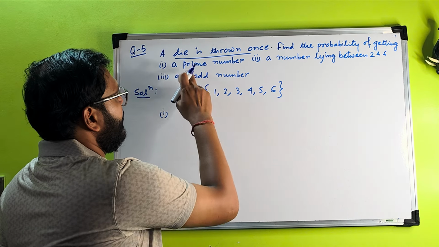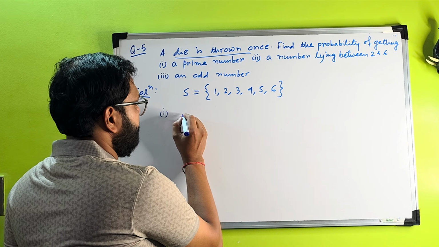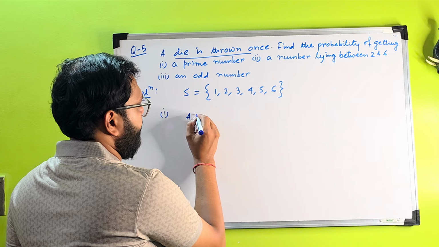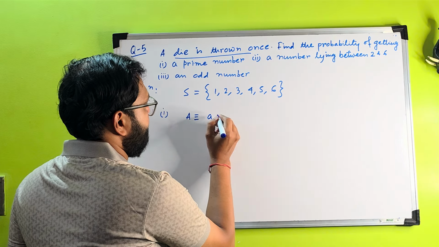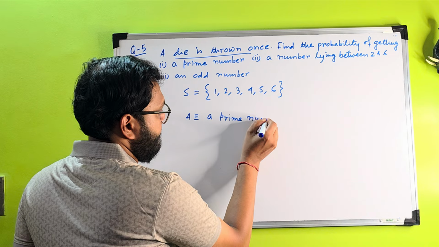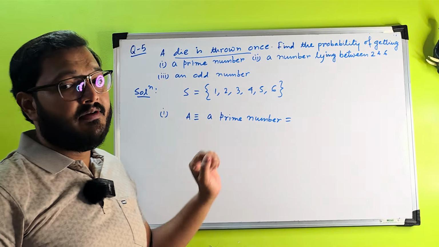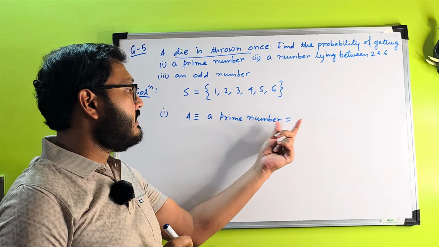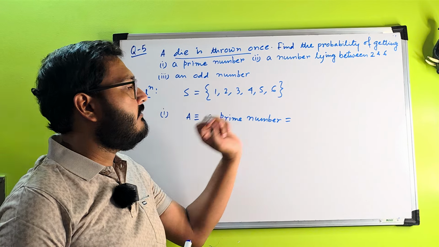Number 1, a prime number. Let A be your event. A is equal to a prime number. So what are the favorable events which are prime? 2, 3 and 5.